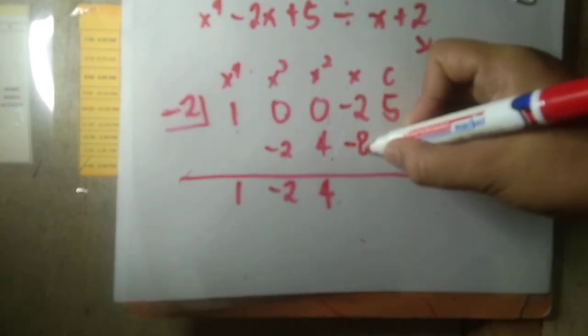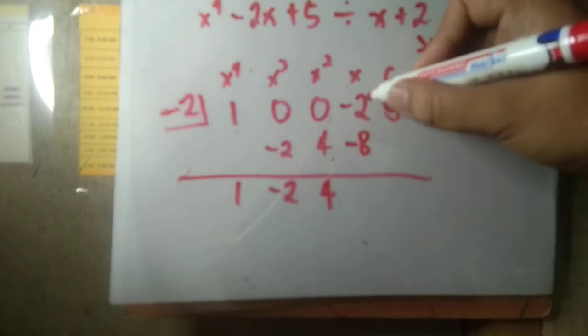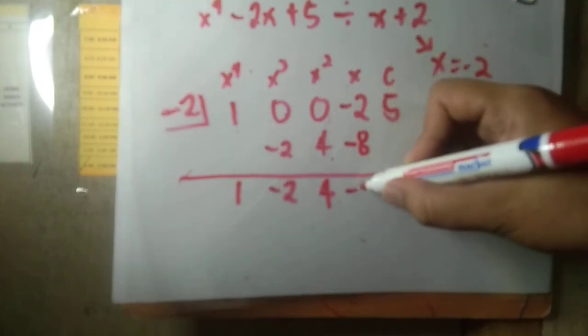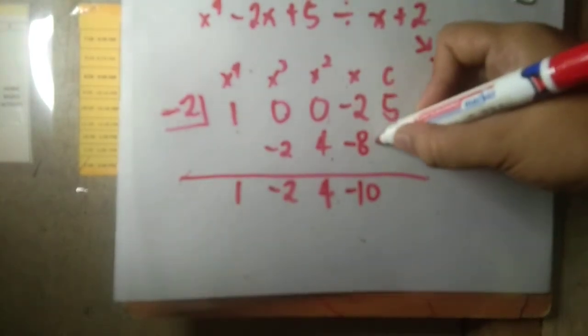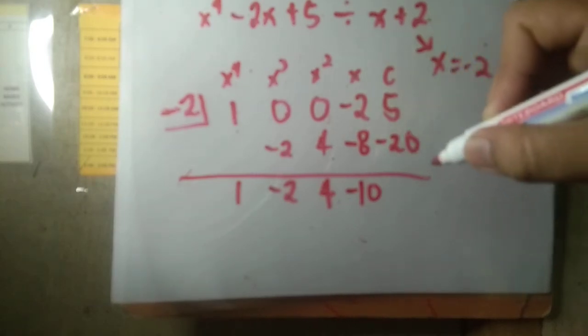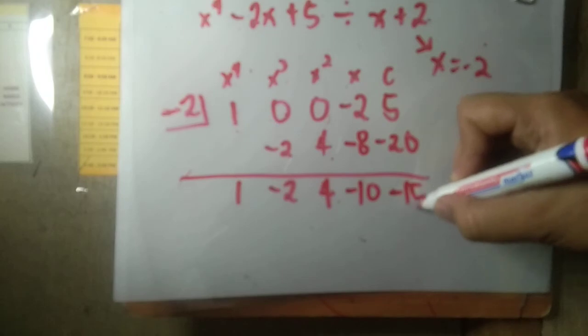So, parehas na negative, negative. So, negative 2 plus negative 8 is negative 10. Then, negative 10 times negative 2 is negative 20. Then, 5 plus negative 20 is negative 15.